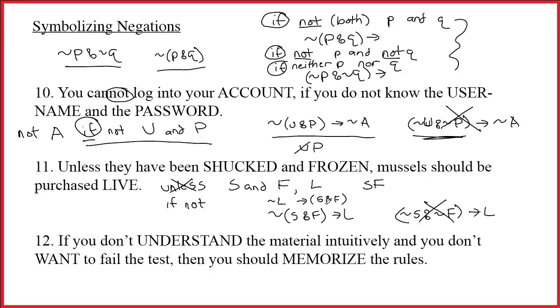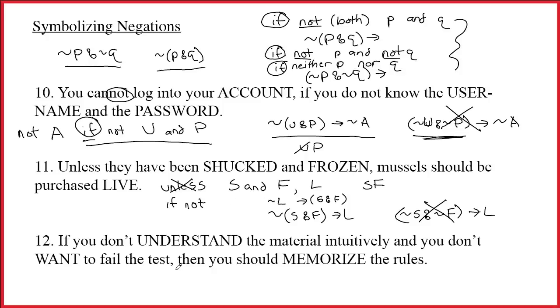If they're not live, then only buy them if they're shucked and frozen. I don't know if it's useful to see that or not, but these two sentences would be equivalent to each other. And notice you could also read this as a necessary condition here. Being shucked and frozen are necessary for buying them not live.